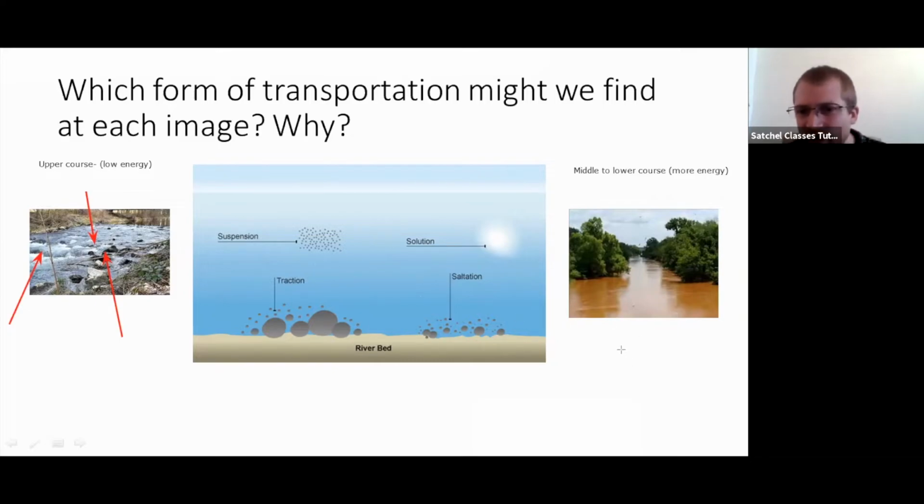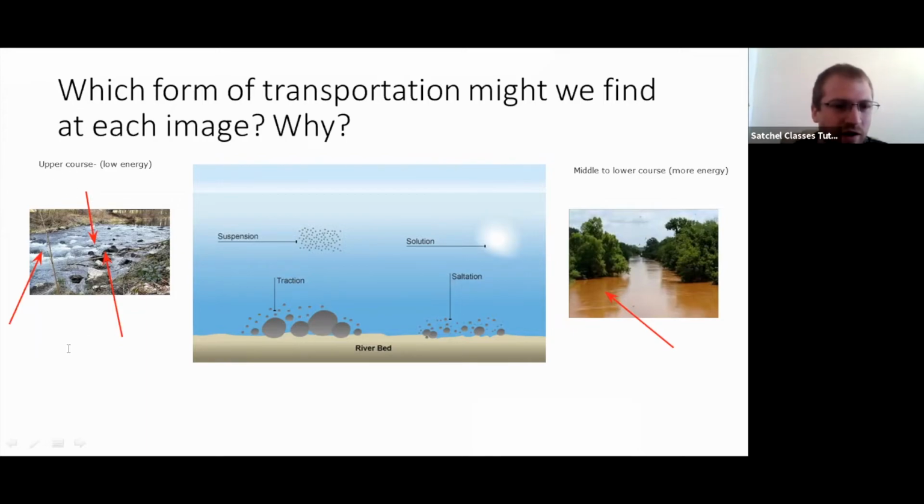If we look at the image on the other side, it's difficult to really make out what's happening. We can see it's deep, but it has this brown quality to it. Obviously we can't see what's happening through the water or at the bottom, so we might need to make an assumption.